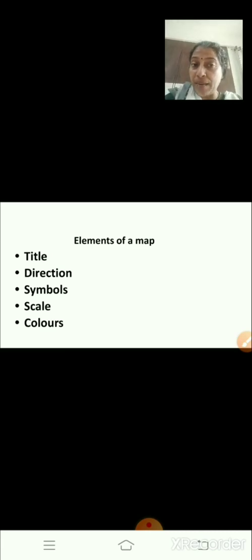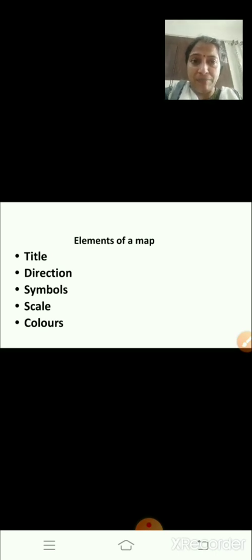Once we understand these elements, we will be able to read the map better. Some of these are title, direction, symbols, scale and colors. So students, let's learn elements of a map one by one.